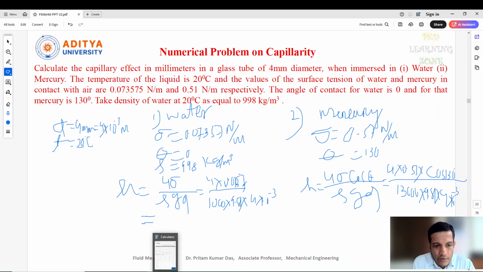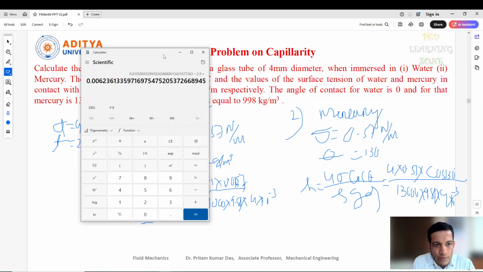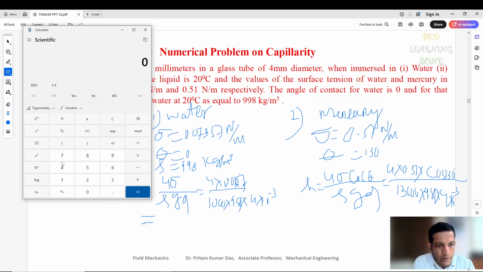So again, we can solve this one with the help of calculator. So the value is 4 into 0.0735 divided by, we'll go for bracket, 9.81 into 4, bracket close, answer 0.04749, near about 0.0075.